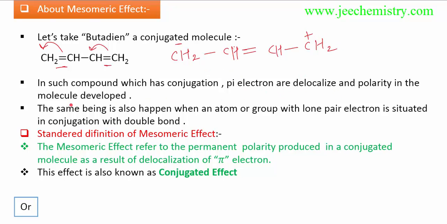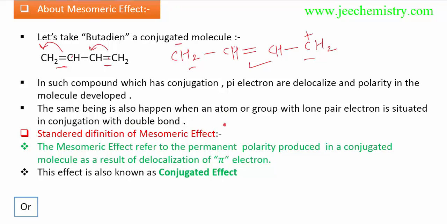Here these pi electrons are delocalizing, meaning they are moving, and polarity is developed. Here a negative charge and a positive charge come, and polarity is developed. Pi electrons are delocalized and polarity is developed in a molecule.